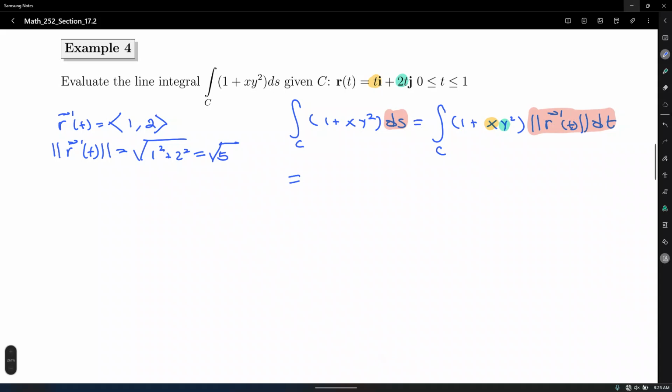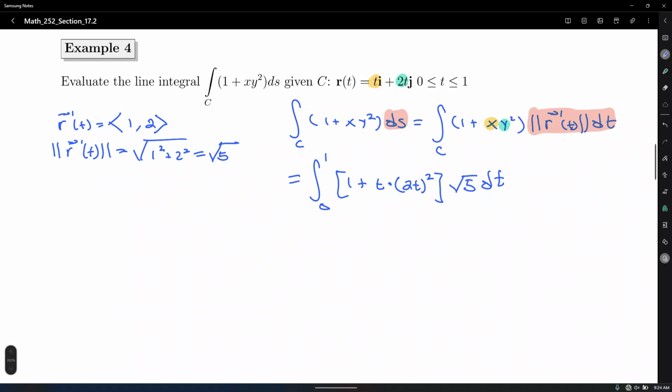And we have the limits of integration, 0 to 1. That's the integral from 0 to 1 of 1 plus x, which is t, times y, which is, careful, 2t quantity squared. And what's the magnitude of r prime? That's the square root of 5 dt.